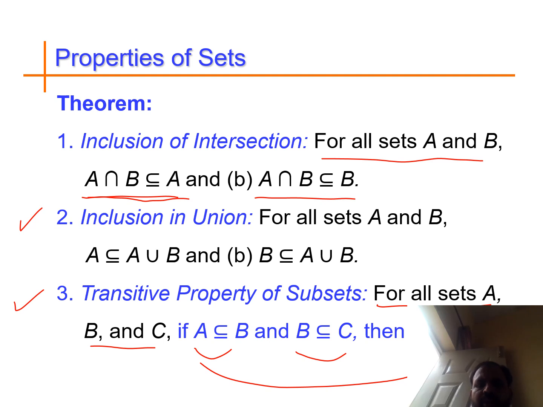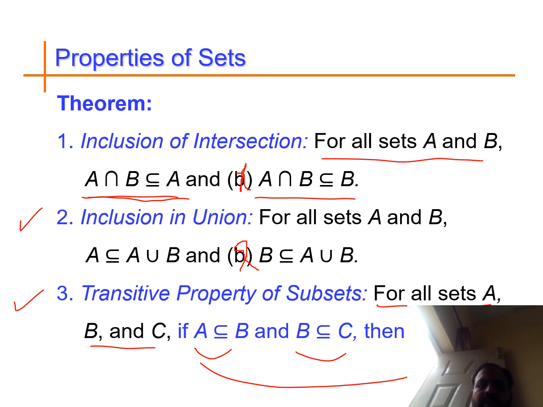Inclusion of intersection: for all sets A and B, A intersection B is a subset of A, and A intersection B is a subset of B. Inclusion in union: for all sets A and B, A is a subset of A union B, and B is a subset of A union B.